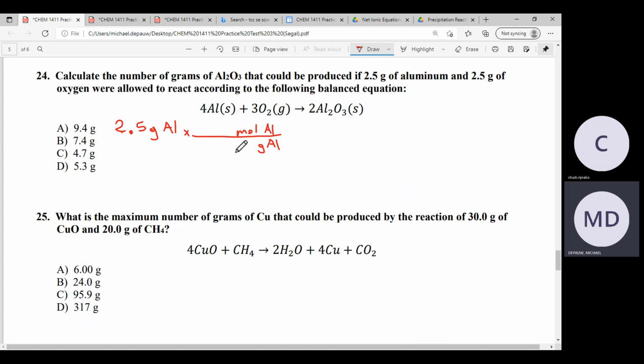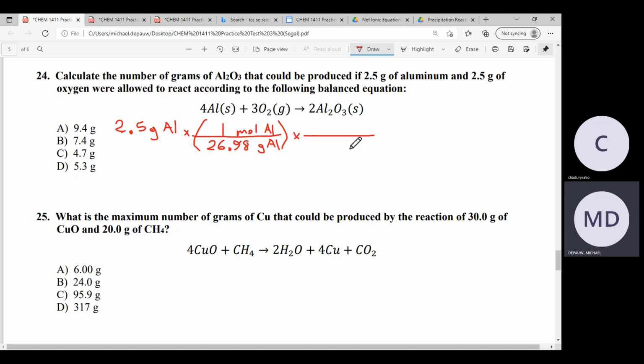If I don't have moles, I have to convert to moles. So to convert grams of aluminum to moles of aluminum, I'm going to need the molar mass of aluminum. If I look at my periodic table, it should be 26.98. That's the molar mass of aluminum, and that's equal to 1 mole. Okay. One step done.